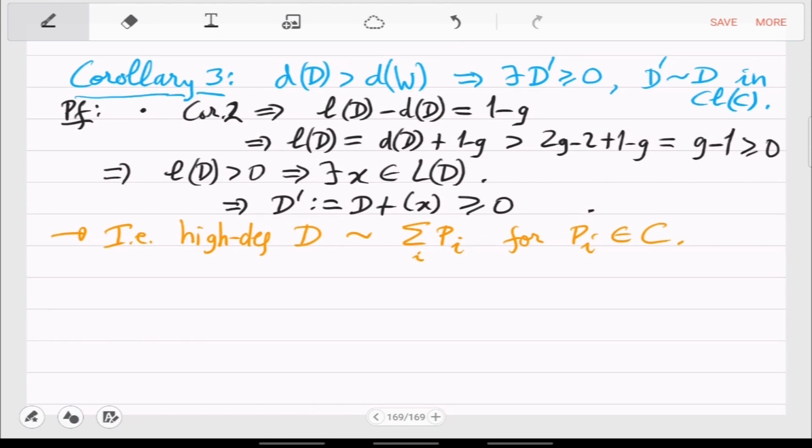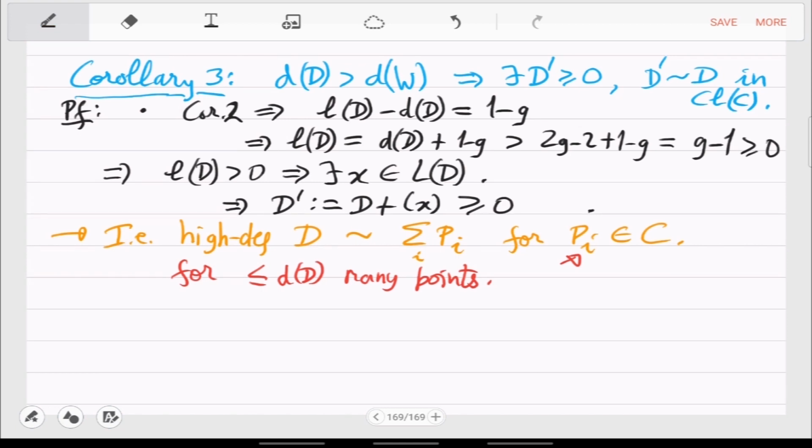And also you know that it's efficient because you will never need more than degree many points. So whatever divisor you take, that many points' sum will be equivalent to this divisor.